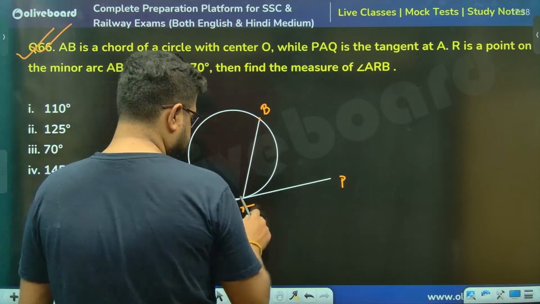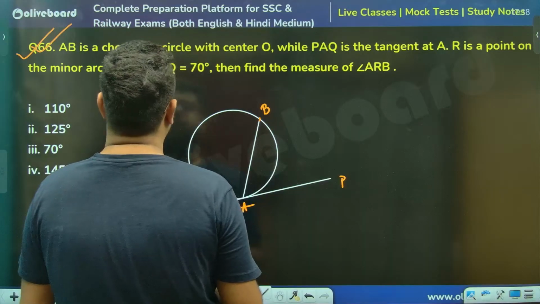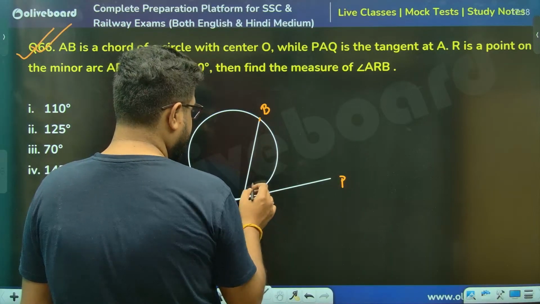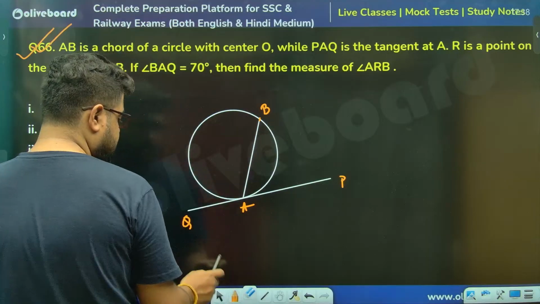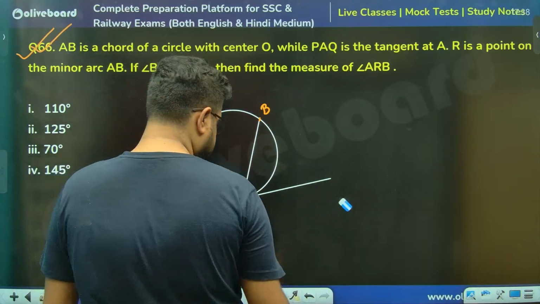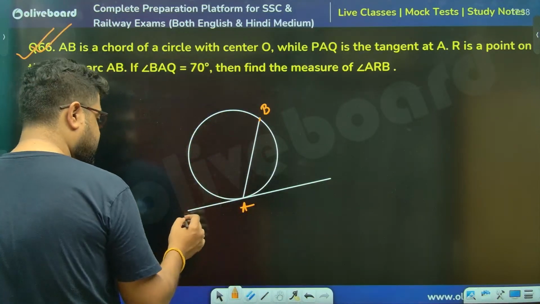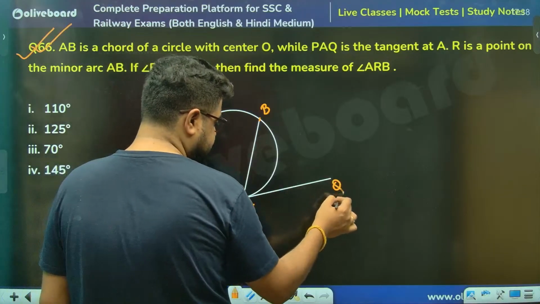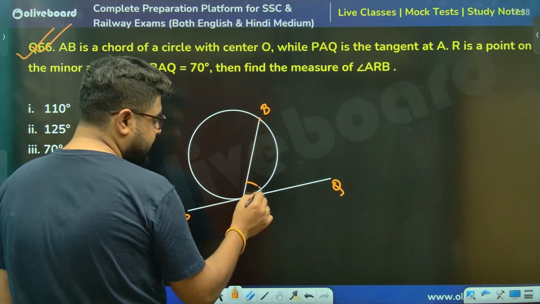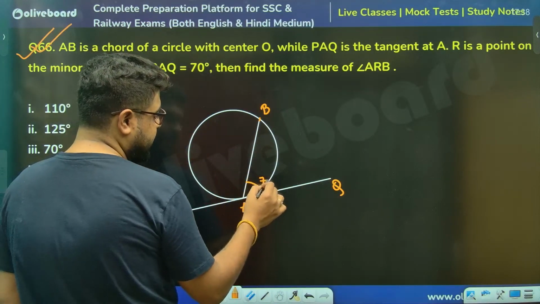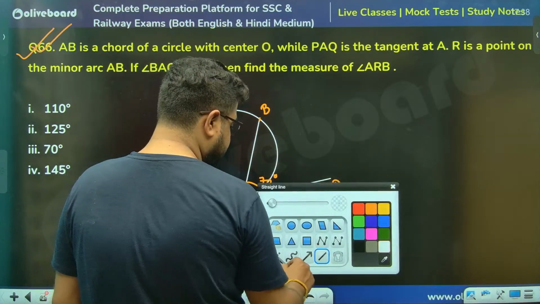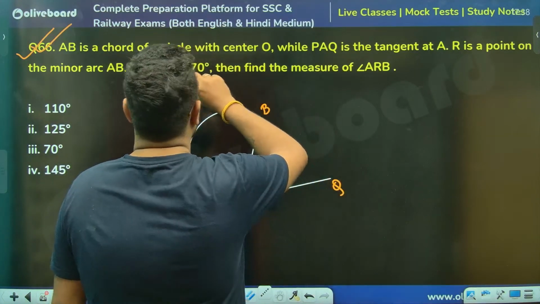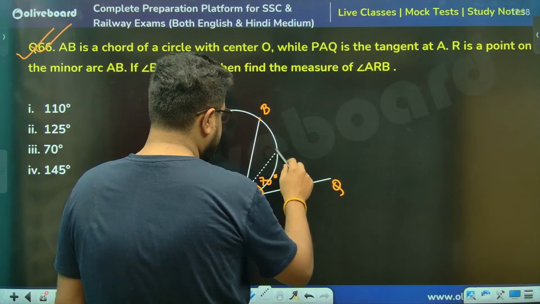BAQ. It would be better to take it this way. It's not that the other way won't work, but that will be a little challenging. It's better you take this as Q. So this is given as 70 degrees. And there is one point that is given to you as R. It is on the minor arc.